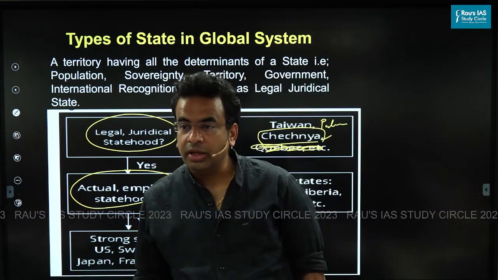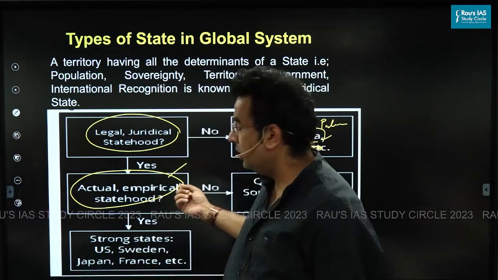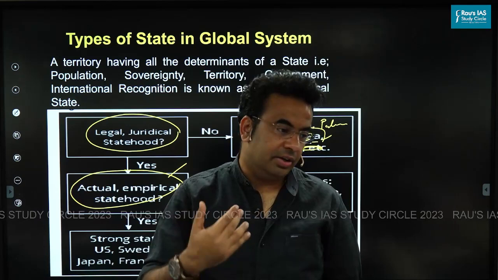Such states are called as actual empirical states.